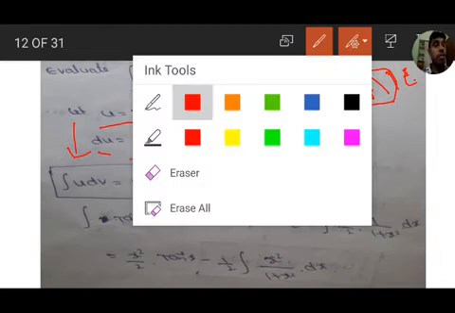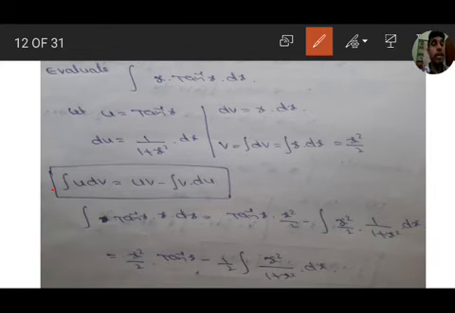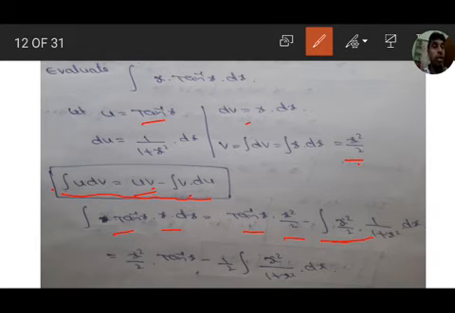The formula is integration of u into dv equal to uv minus integration of v du. So integration of tan inverse x into x dx equals tan inverse x into x square by 2, minus integration of x square by 2 into 1 by 1 plus x square dx.